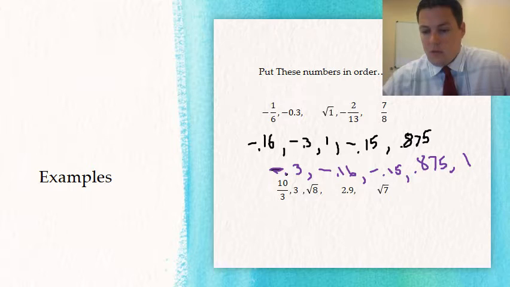So I would want to write this in the order that it is given. So negative 0.3 is first. Negative 0.16 would be second. Negative 0.15 would be third, this would be fourth, and this would be fifth.